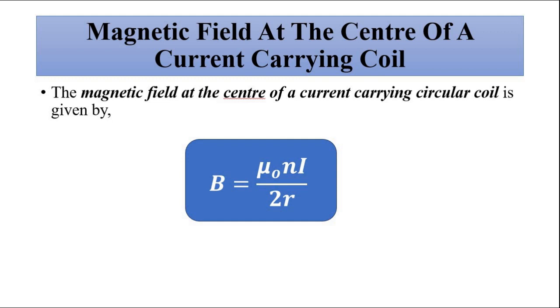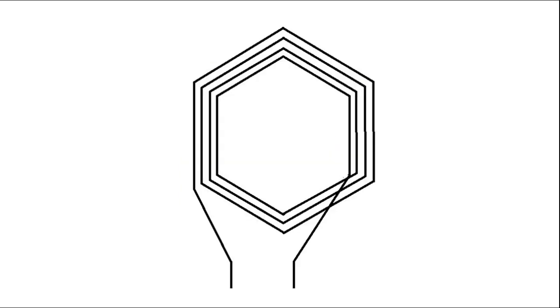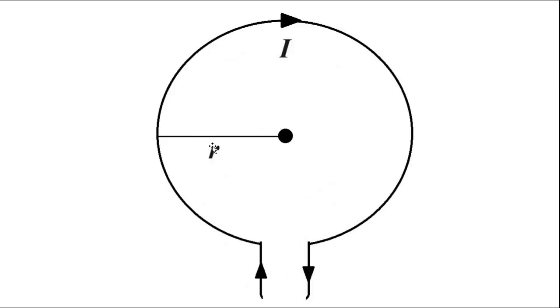Let us say we have a current carrying coil which consists of multiple turns, let's say n turns of wire, and it carries a current I. Here we have simplified this by considering a single turn of wire carrying a current I, and at the center we want to determine the magnetic flux density.